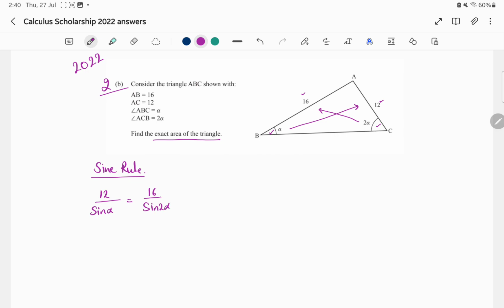Now here we've got sine 2 alpha, so we'll have to substitute the value there somehow so we can simplify further.